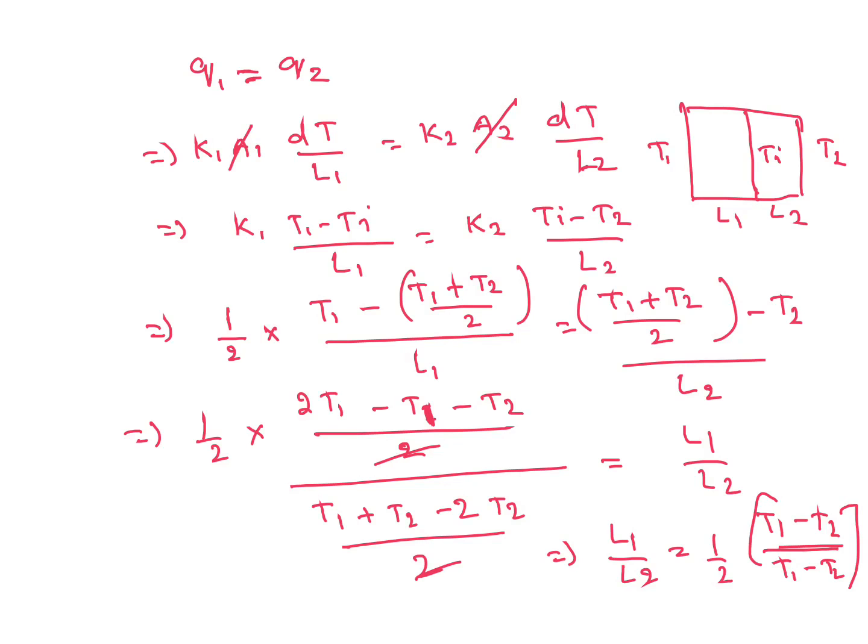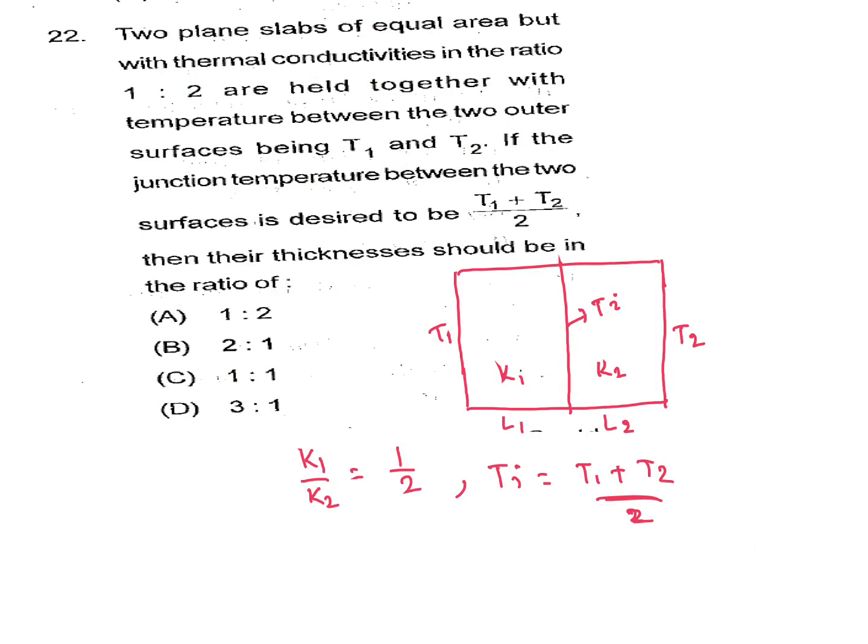It will cancel. L1 by L2 equals 1 by 2. So from the options we have to check 1 to 2. A is our answer. This type of question they ask in ISRO, GATE, BEL also.